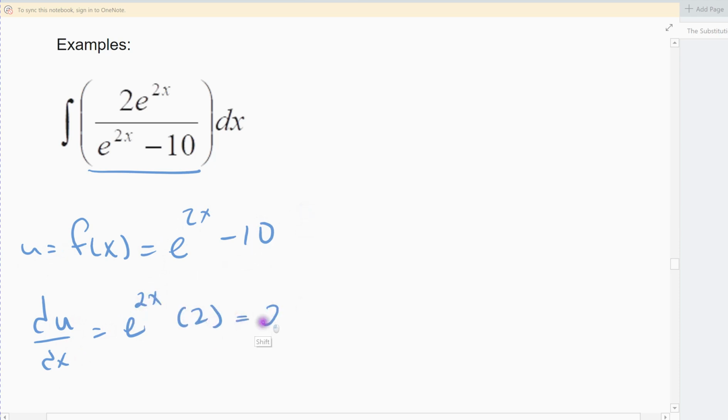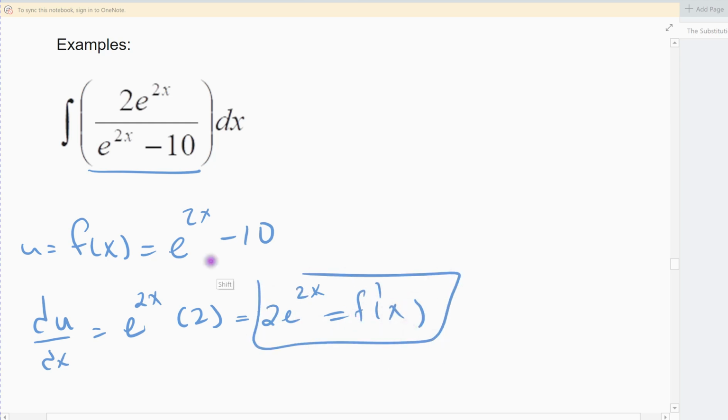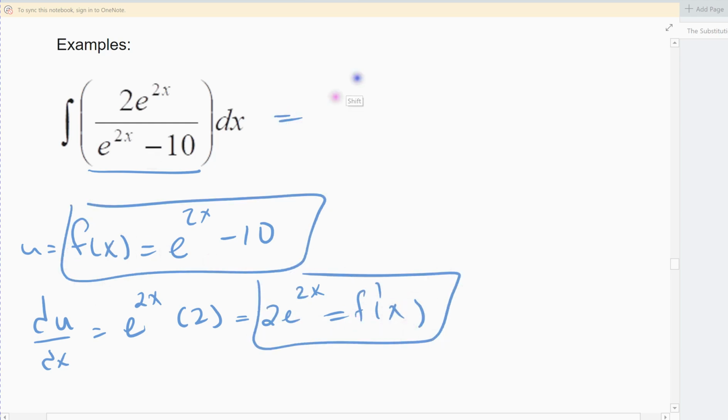If I rewrite that, well, that is the numerator, right? And so I do get the expression, the denominator's derivative is in the numerator, right? And as soon as I recognize that, I know the answer.